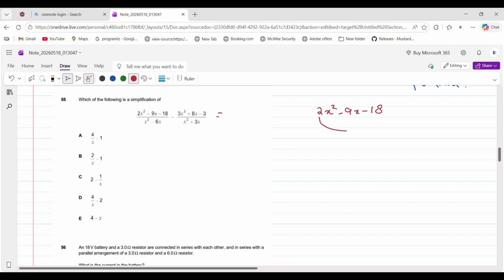So you need to multiply the first term with the third term, so 2 into 18, of course minus 18, since this is minus, so the answer would be minus 36. Now you need to find the factors of minus 36 that add up to minus 9.